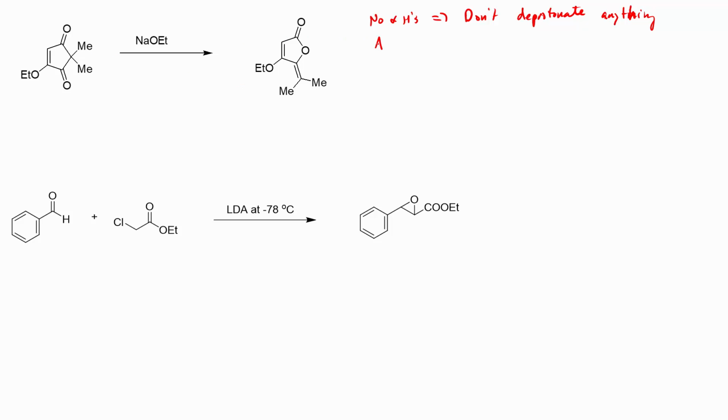Can add ethoxide to a C=O. What else can we do? We can add ethoxide via a Michael addition. All right, lots of things can happen here.